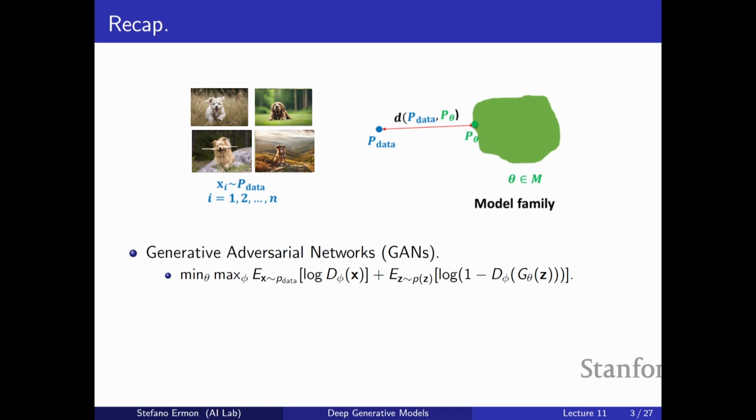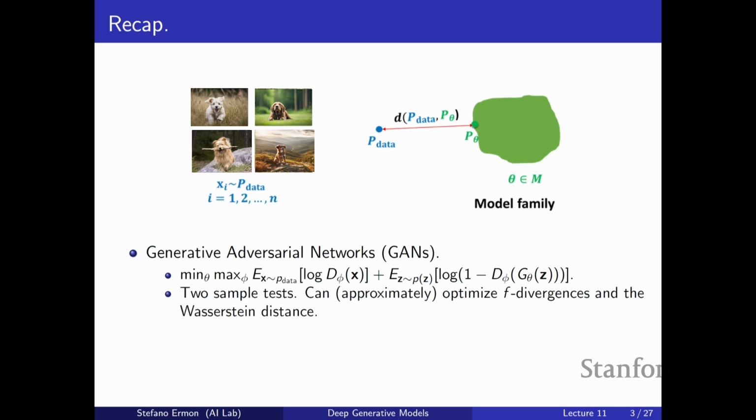GANs are one way to do that, where you have this minimax objective, where you're trying to train a generator to produce samples that are hard to distinguish from the real ones, as measured by some discriminator that is trained in the innermost maximization problem to do as well as it can to distinguish real versus fake samples.